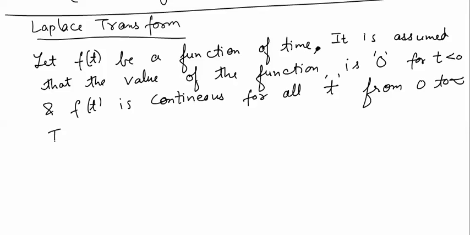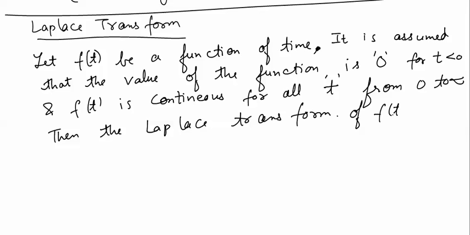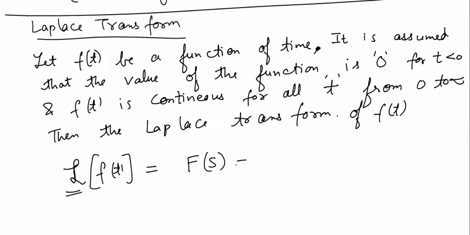Then the Laplace transform of f(t) is nothing but L of f(t), where L is the Laplace operator, equal to F(s), and mathematically it is represented by the integral from 0 to infinity of e raised to minus st times f(t) dt.